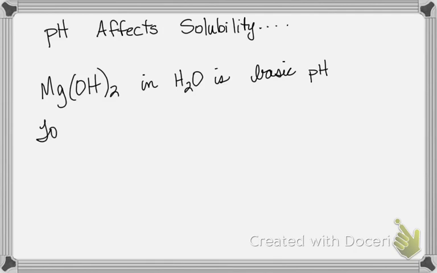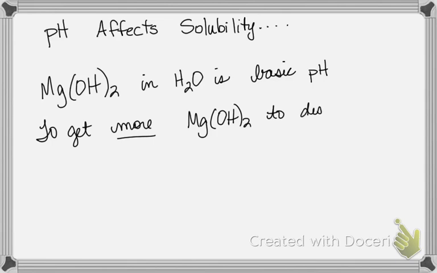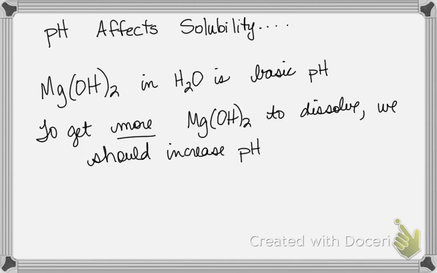So to get more Mg(OH)2 to dissolve, we should increase the pH of the solution. So if the solution is basic, you want to increase the pH to get more to dissolve.